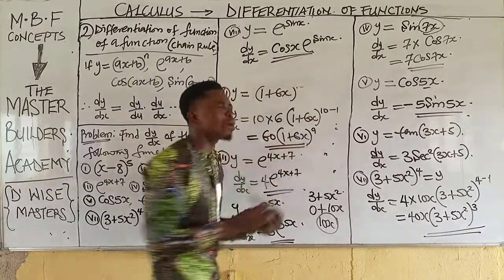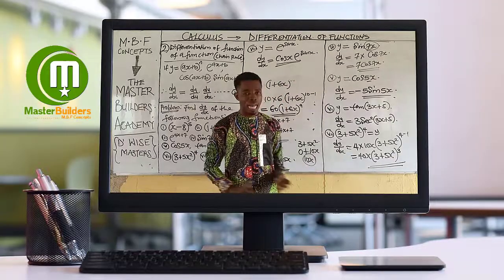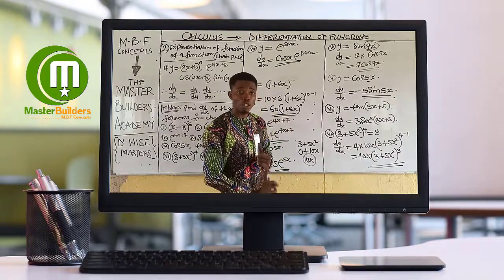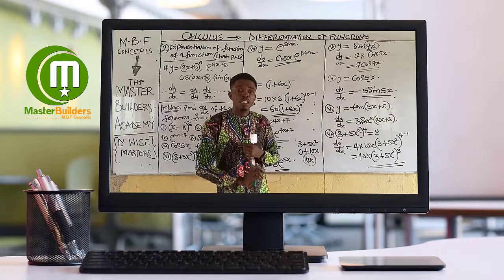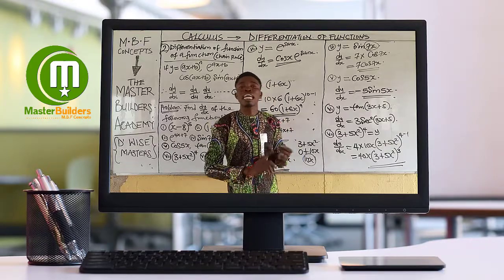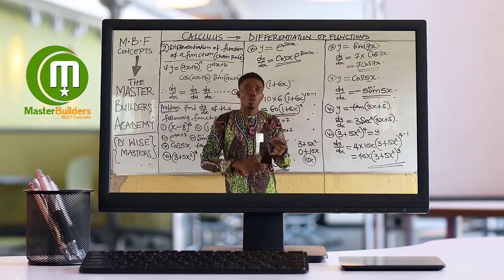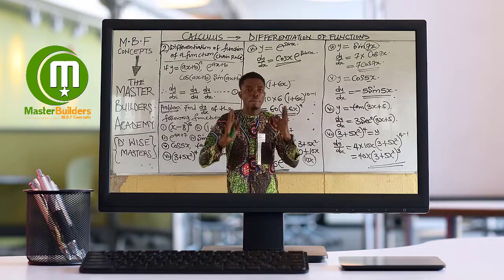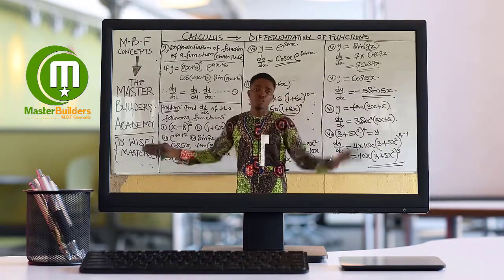So there are so many other problems that you can solve with the chain rule. In summary, guys, understand that for a polynomial function under chain rule, you identify the function of x and equally identify the power of the function. When you identify the function of x, you must differentiate it and multiply the result by the power of the given function.